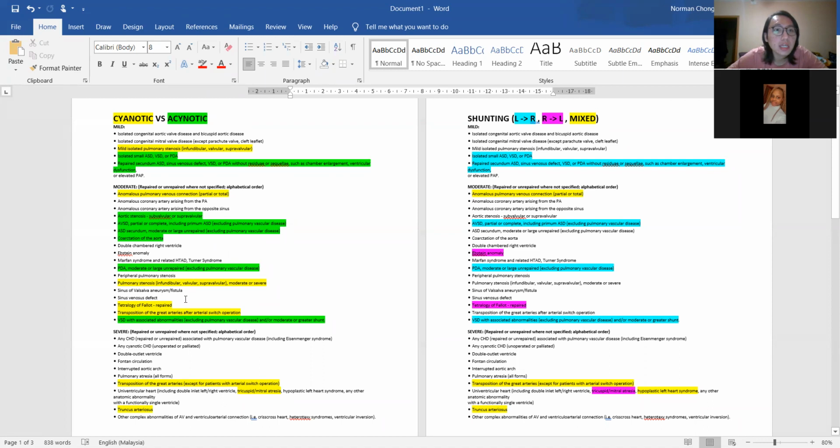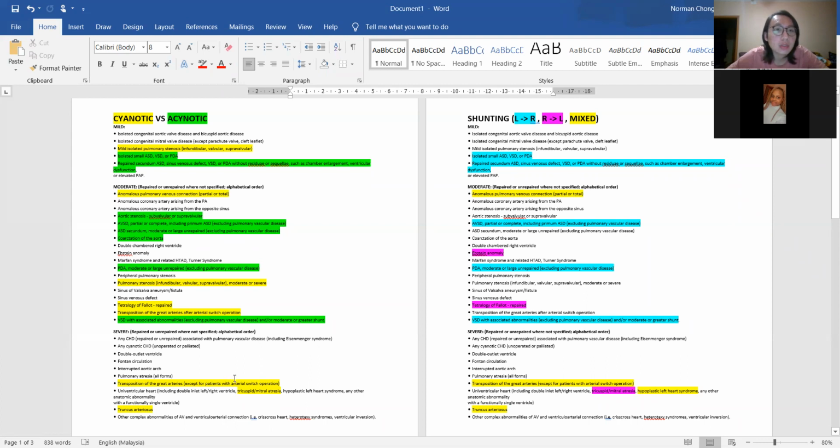You see more of the yellow is on moderate and severe. So in short, when you see cyanotic heart diseases, you should not treat it lightly because it falls under moderate and severe and it requires plenty of attention. In some cases, even emergent cases, so you need to intervene very quickly.